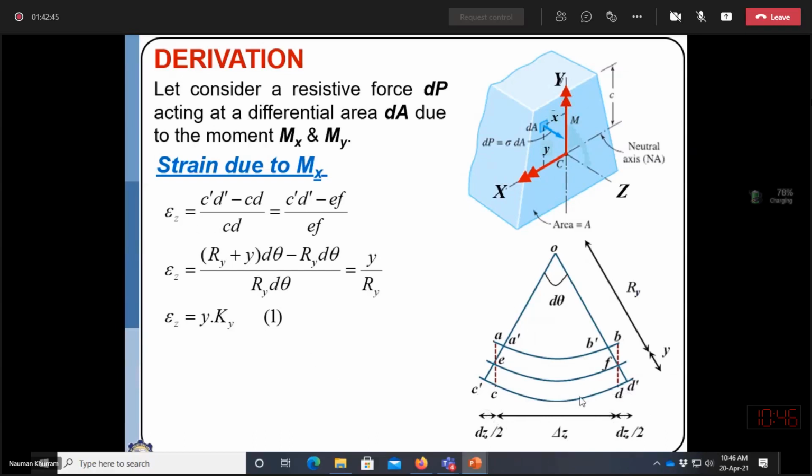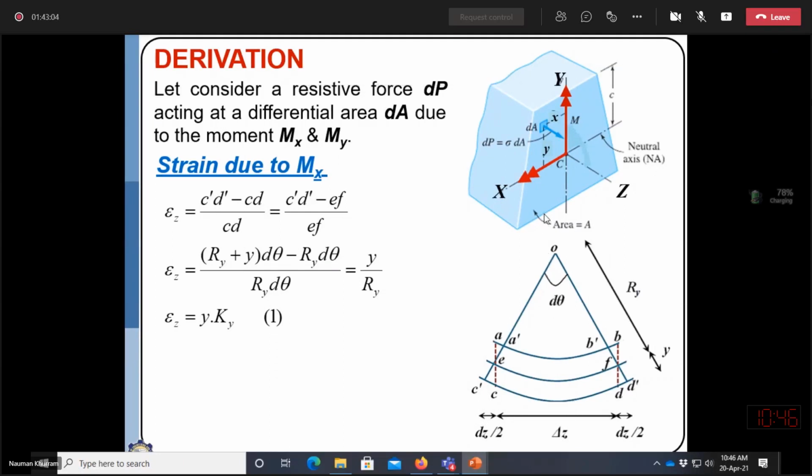So the total strain along the z direction, or along the length of the beam, is equal to final length minus initial length divided by initial length. So for the final length, the distance between points C and D was delta z.